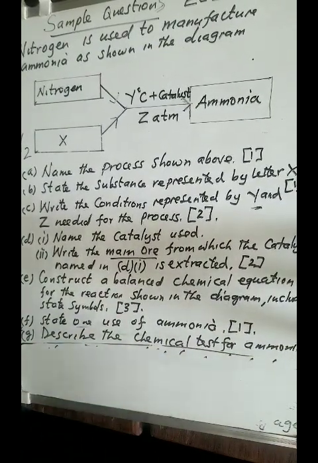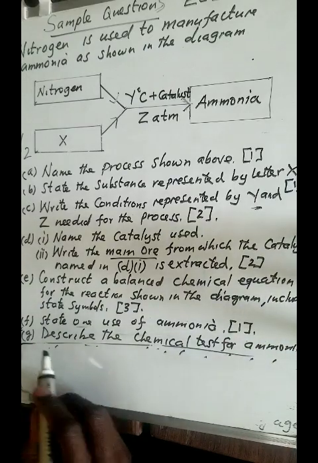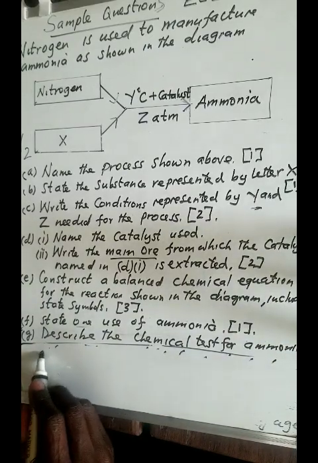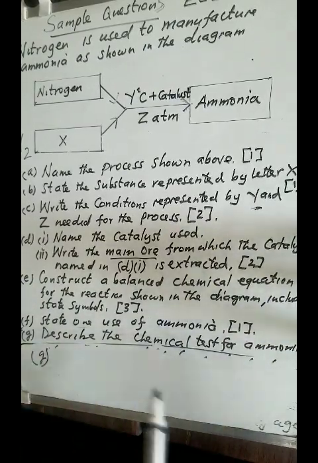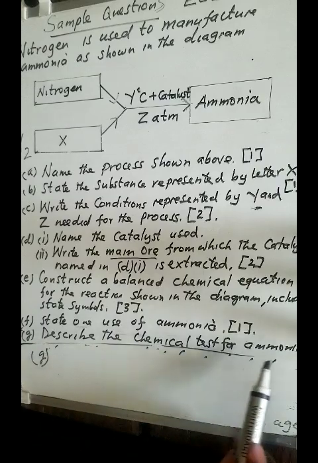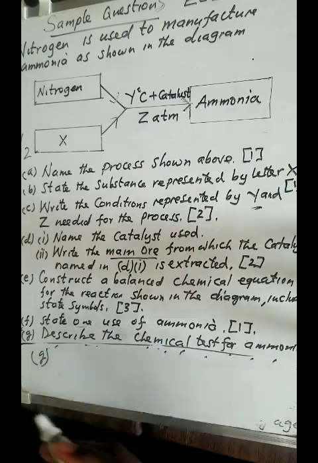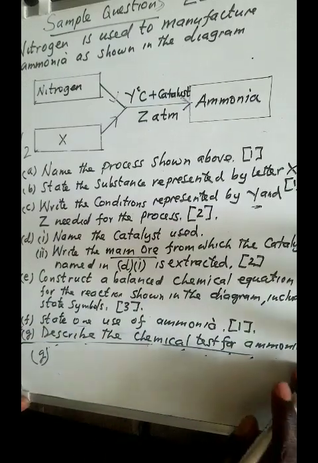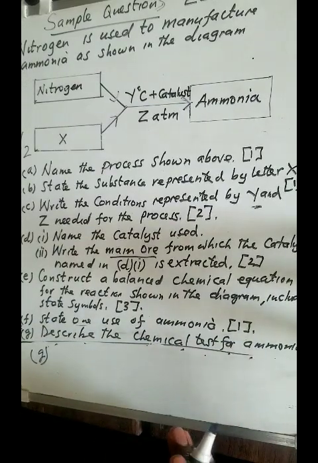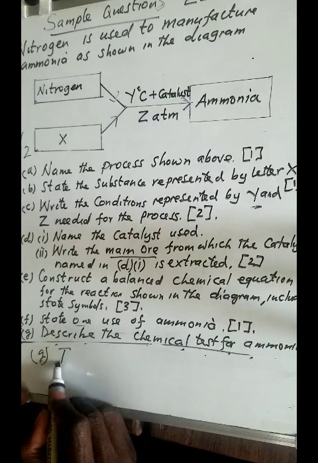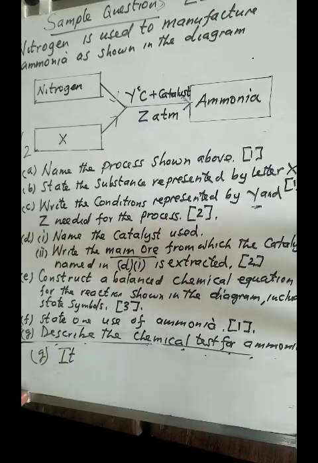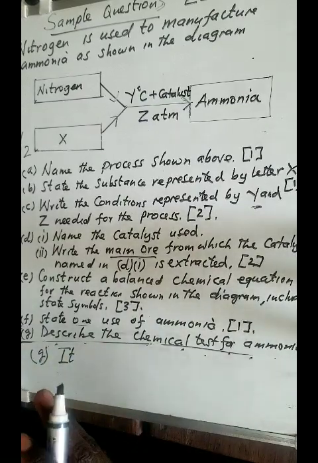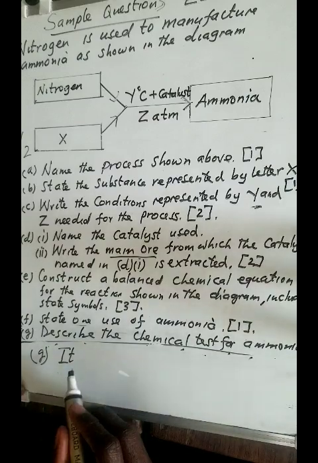The last part was not part of this question, but I wanted you to get an idea because it has been coming in several exams. It says describe the chemical test for ammonia. So how can you test for ammonia? Well, ammonia, like I said, is the only alkaline gas that we have in nature. So the test is that when you use a red litmus paper, that red litmus paper will change to blue.